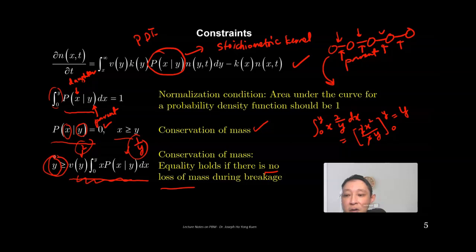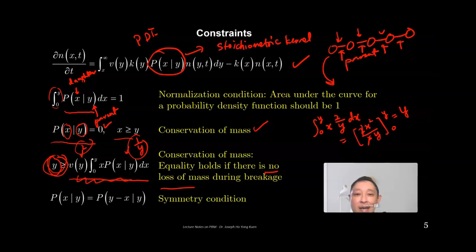Then this integral should be equal to y. But if you have a reaction, let's say your particle is made up of chemical species A, and during the process it is capable of being converted into something else, then you have a loss of mass, and then you have less than y for this integral. Otherwise, it should be equal to y, and this enforces the conservation of mass. So this is the third constraint.